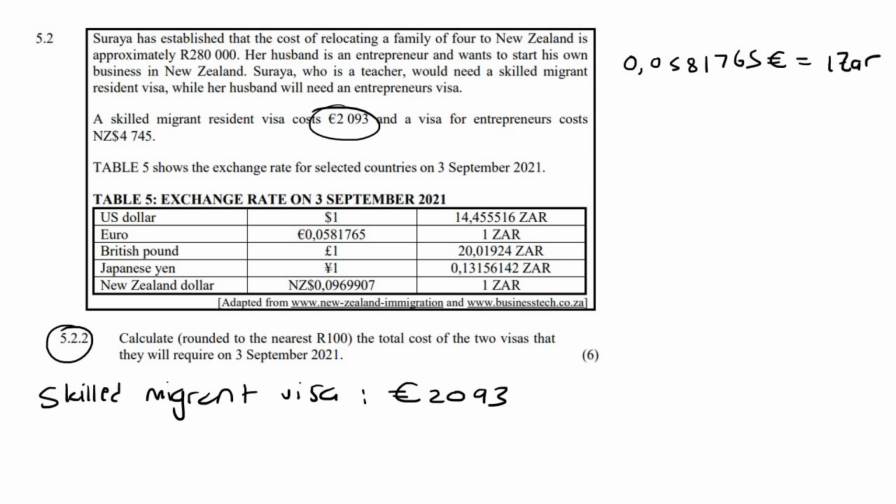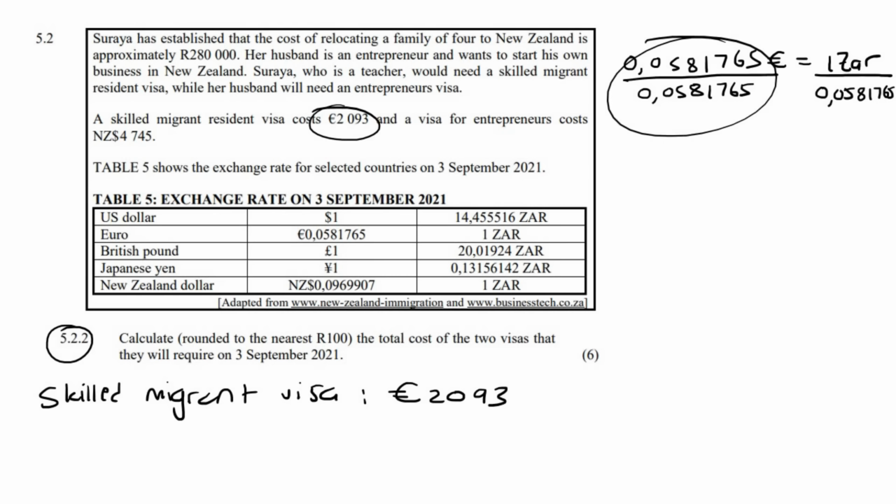So what we need to do now is quickly try and get this to become a 1. How do we get that to become a 1? Well, you just divide it by itself. That is how you get something to become a 1. And in mathematics, what you do to the one side, you must do to the other side. 0.0581765. Okay, so if you divide these two, you're going to end up with 1 euro on that side.